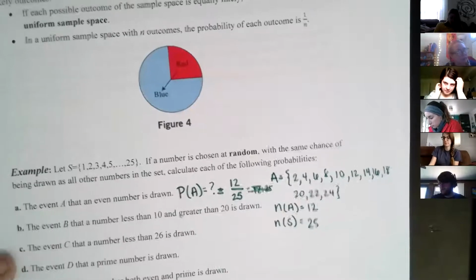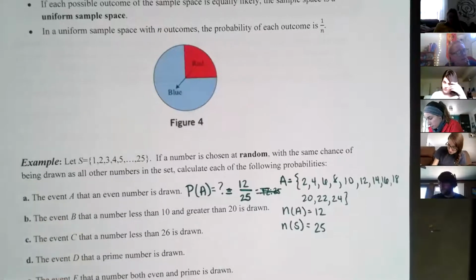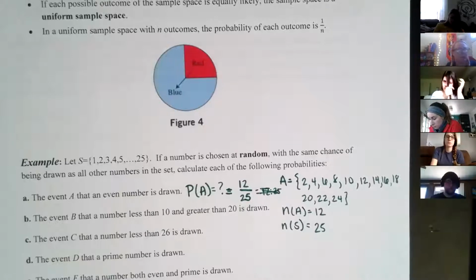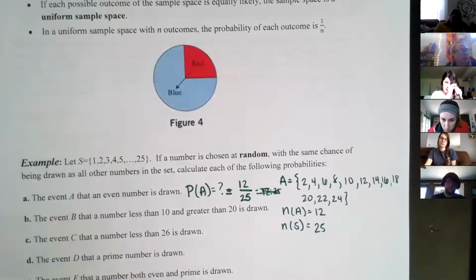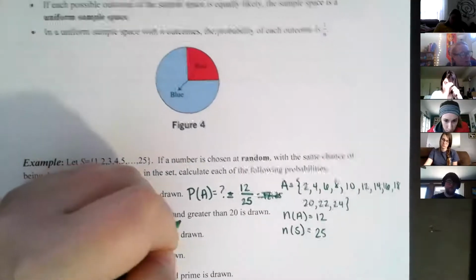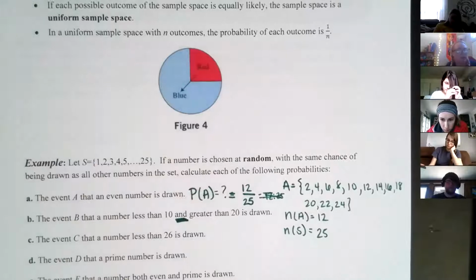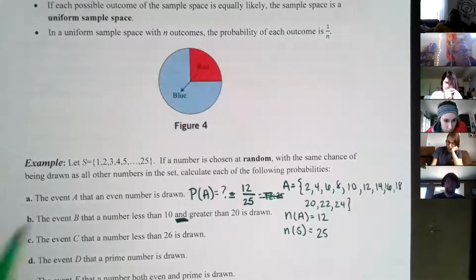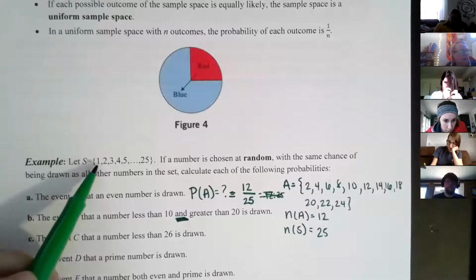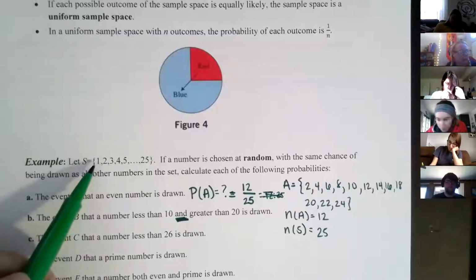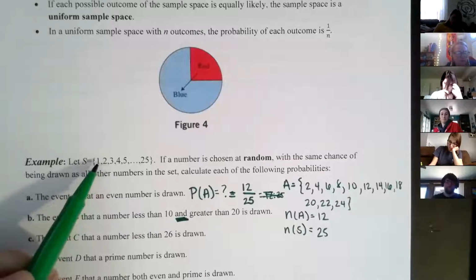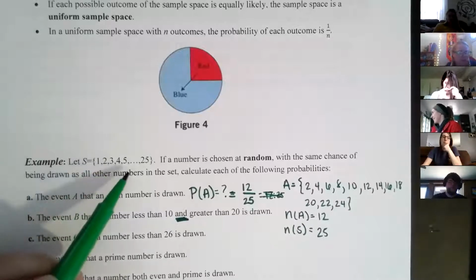Okay, what about B? What's the probability of B happening? A number less than 10 and greater than 20. So we're looking at the operative word here, and, right? If I go through all of these numbers, that's a 0. 1 is less than 10, but it's not greater than 20. 2 is less than 10, but not greater than 20, and we do that all the way through.